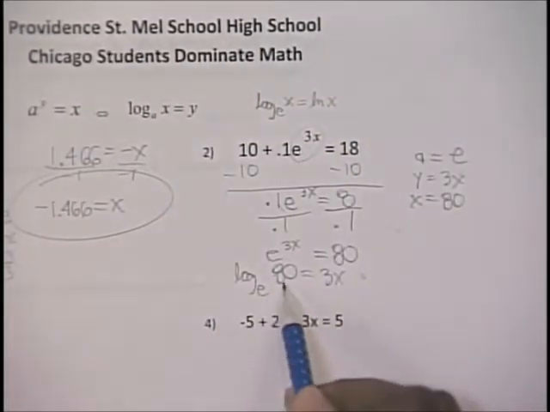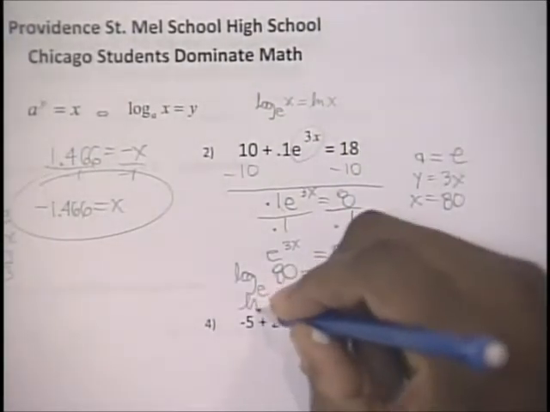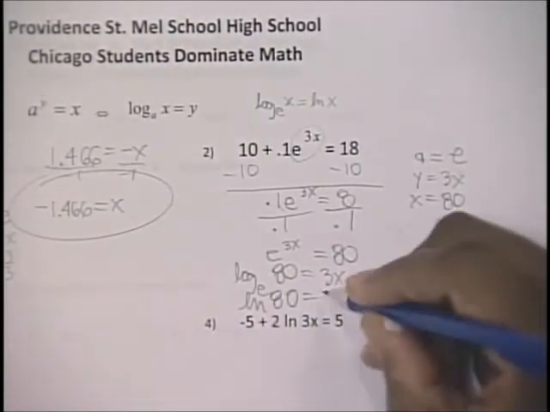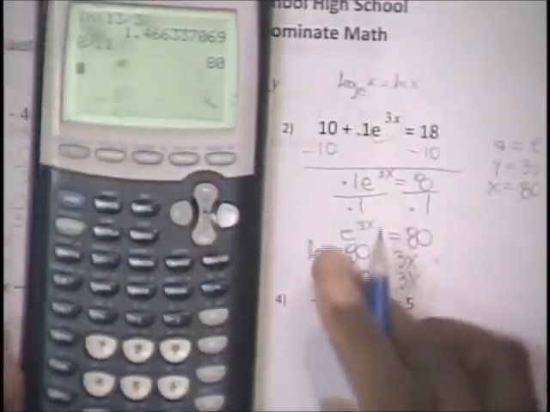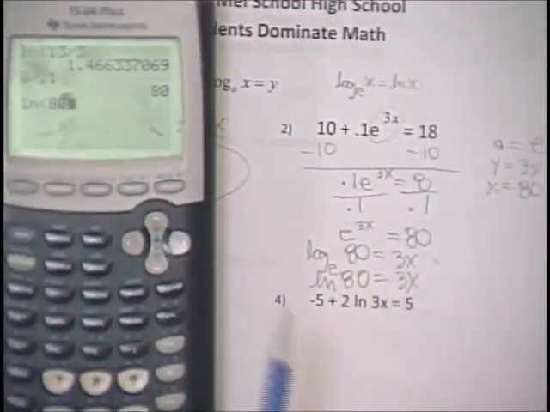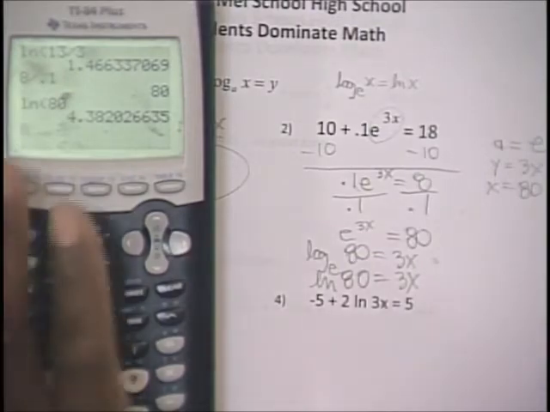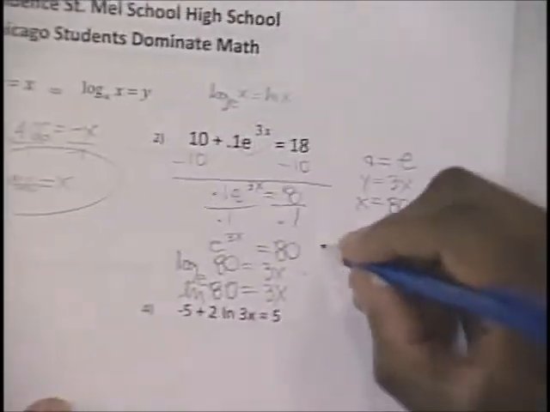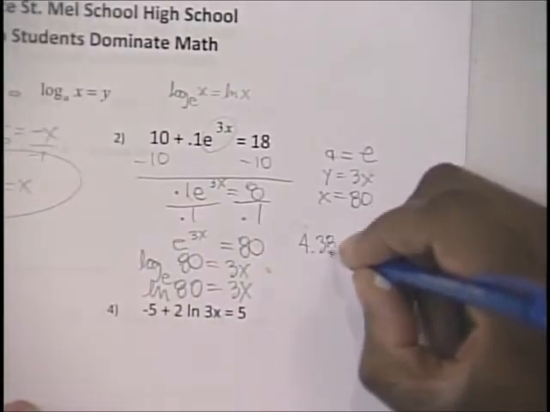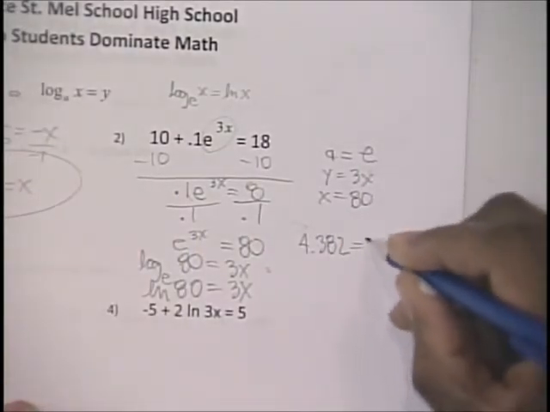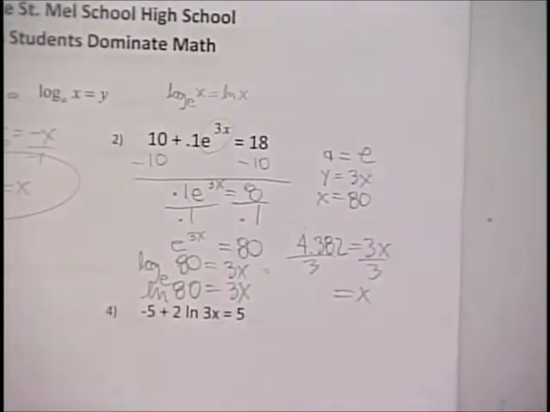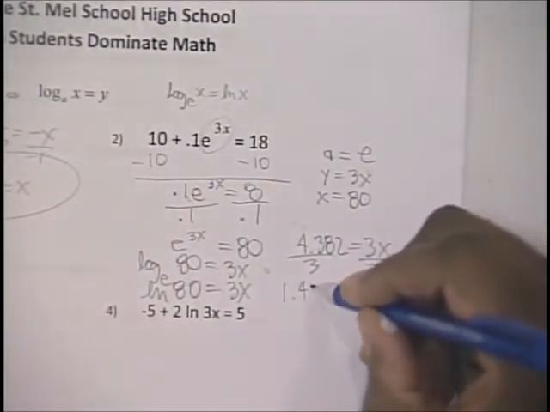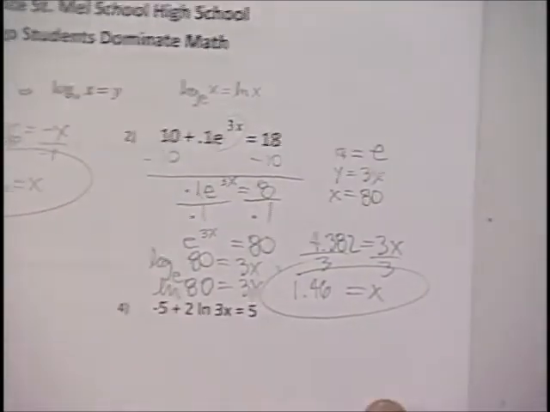So log base e of 80 is the same thing as the natural log of 80, which is equal to 3x. Now you put the natural log of 80 in the calculator, and you get 4.382. So 4.382 is equal to 3x. Divide by 3 on both sides, and you get x is 1.46. Final answer, 1.46.